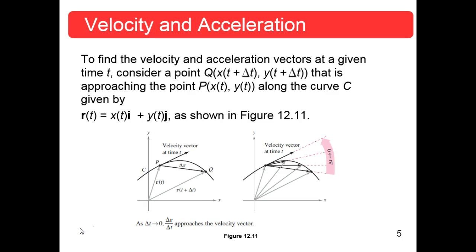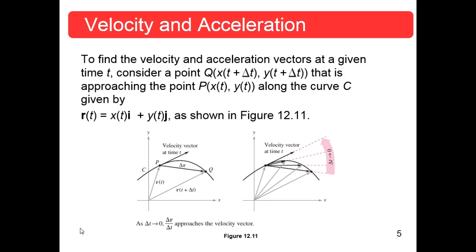So if you let the delta t get less and less and less, as you get back here, there is your velocity vector at time t, because you've taken the slope, the derivative, dr/dt, but the dr/dt is dx/dt. You take the derivative of both the x and y components, okay?